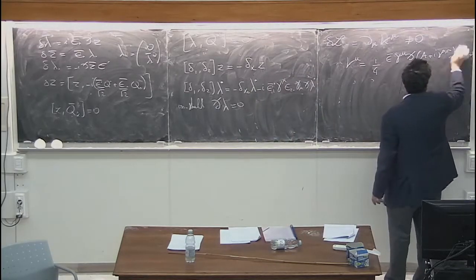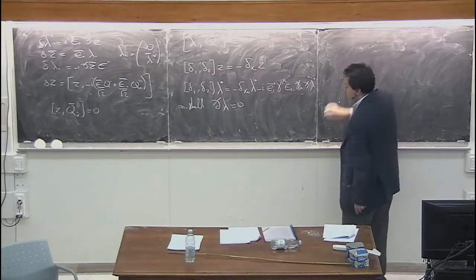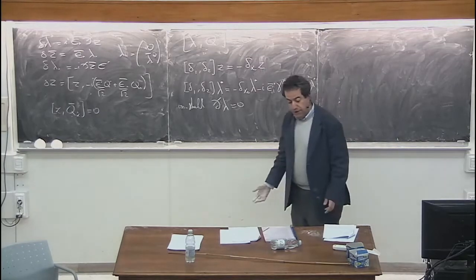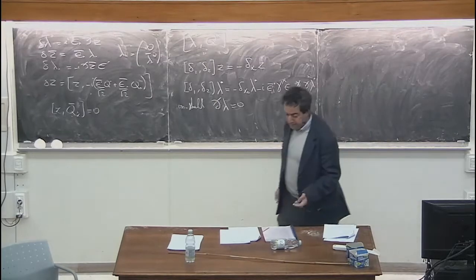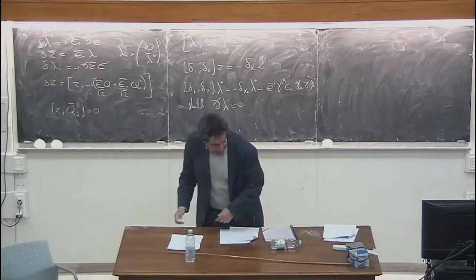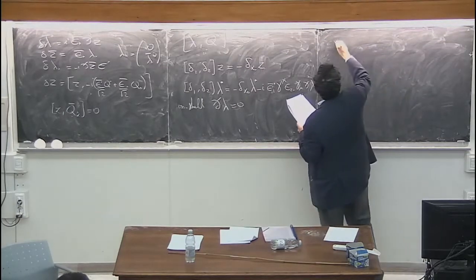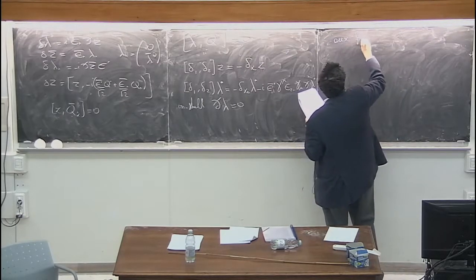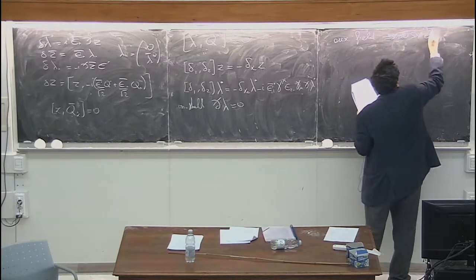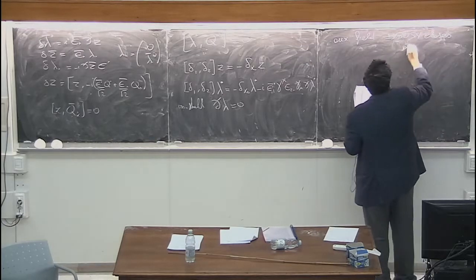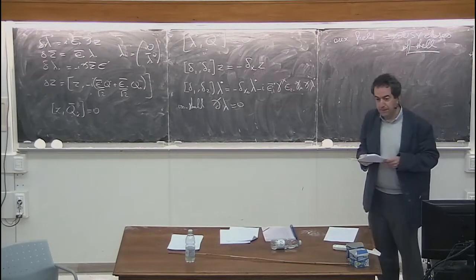In N equal to 1 supersymmetry, we can make supersymmetry close off shell, provided we add an extra field, as you know, which is called an auxiliary field. Supersymmetry closes off shell.